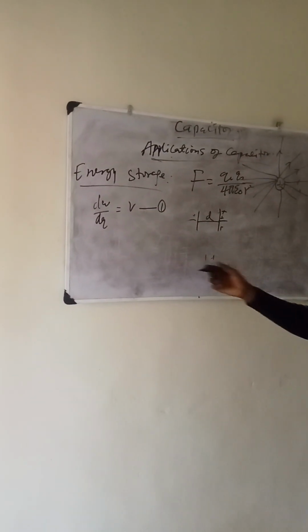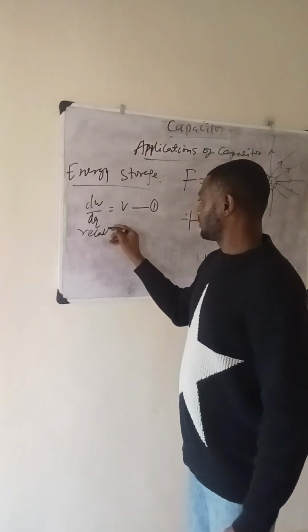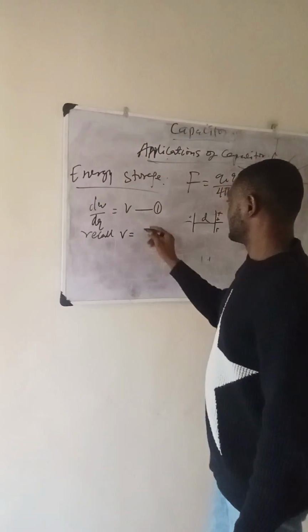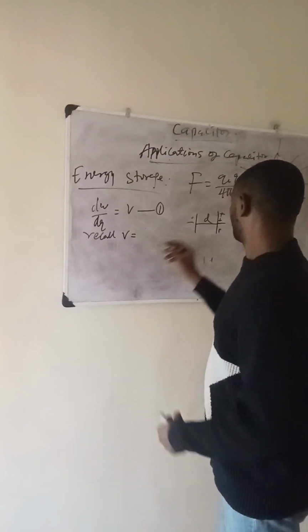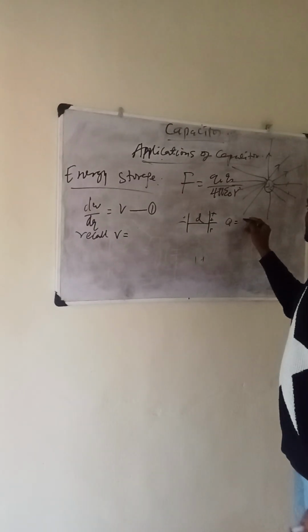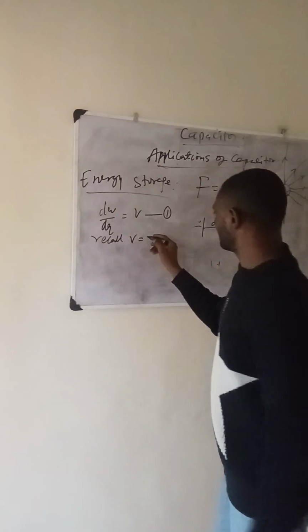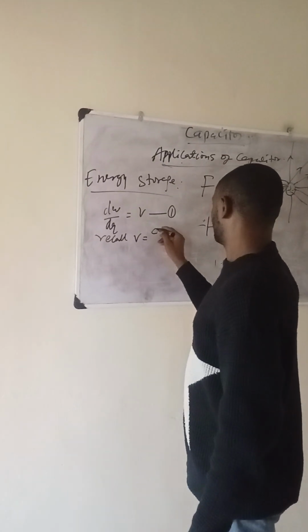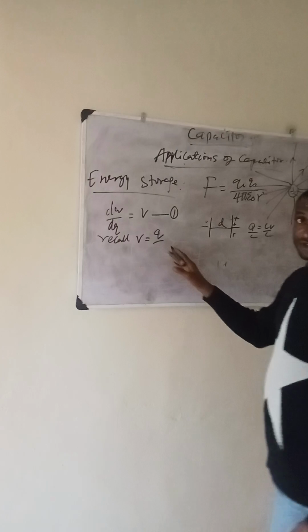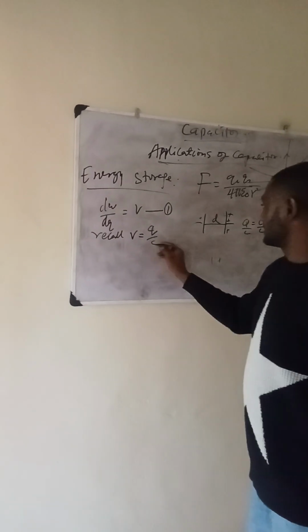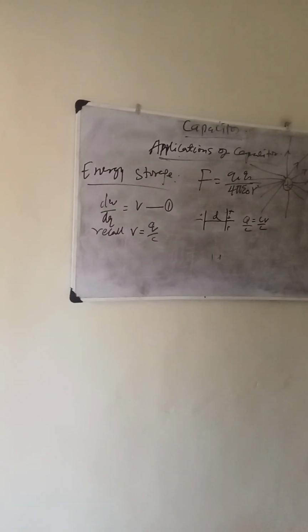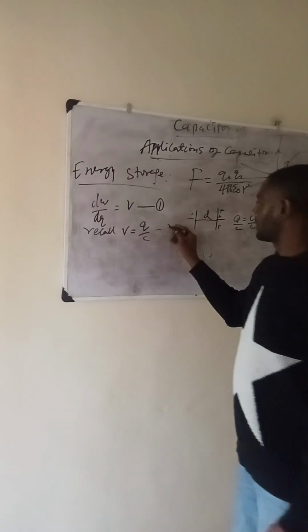And then you recall Q is CV, so V will become Q all over C. Let me use this small q for the charge: V is q all over C. So we can call this equation 2.